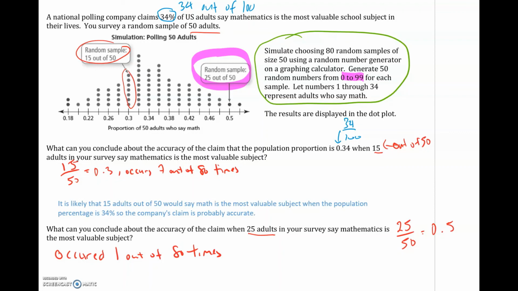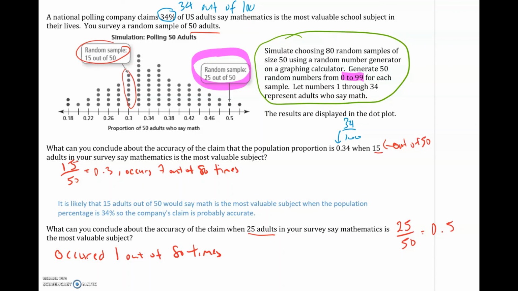So only showing up once makes it more unlikely for that to actually happen. So now, again, to the best of our ability, we're not saying definitively yes or no, but we're saying this is less likely to happen because it's just not very probable. 1 out of 80 is kind of a stretch, right? It could be something that happens very, very infrequently.